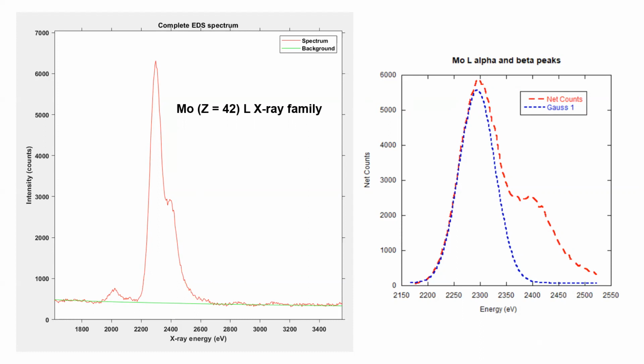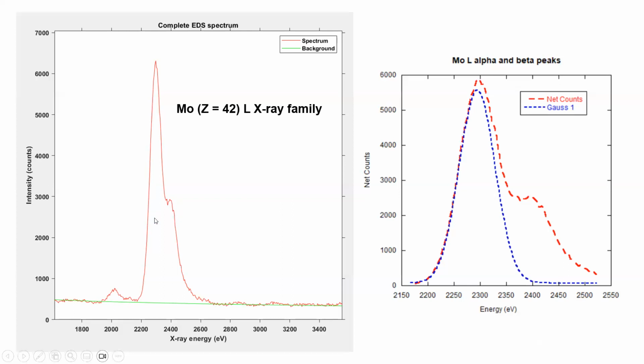We have molybdenum now on the left, and this is again the L X-ray family, but unlike the case of the cerium, we now have the L peak overlapping the L alpha peak, which is overlapping with the L beta peak. That means this peak on the left is no longer just a contribution from L alpha.